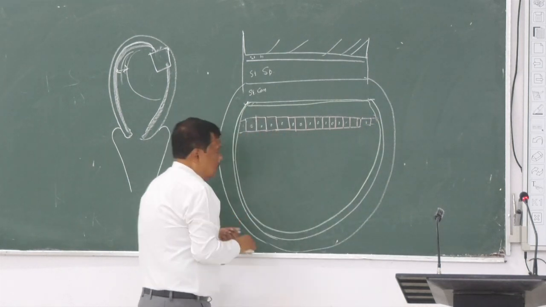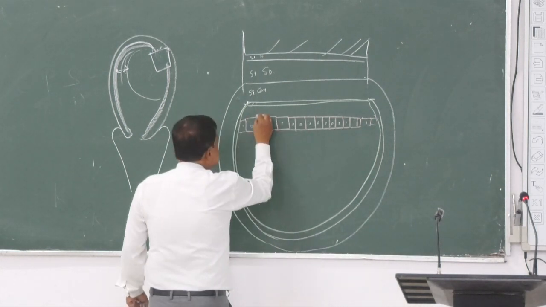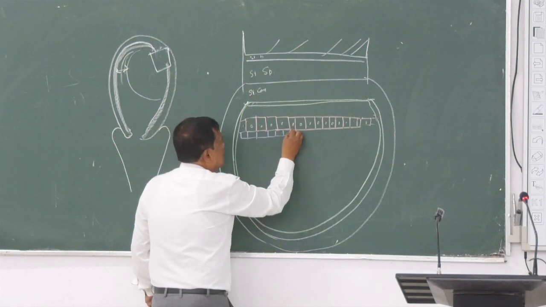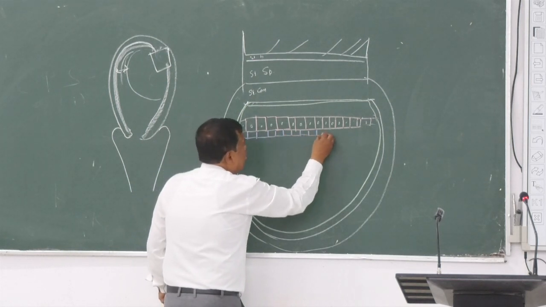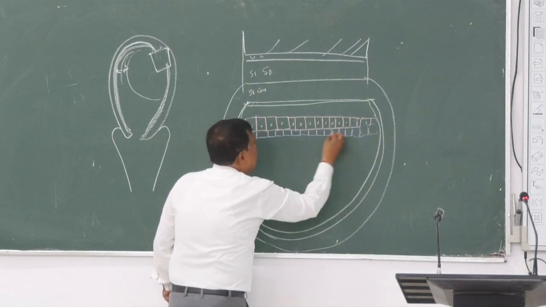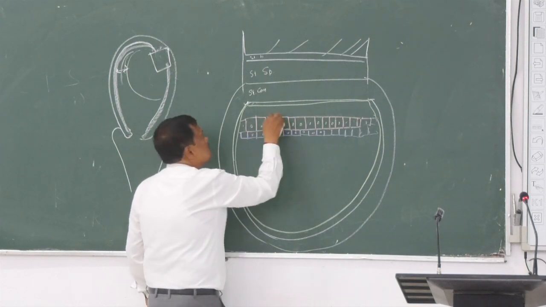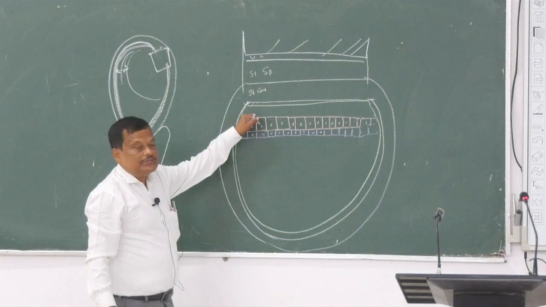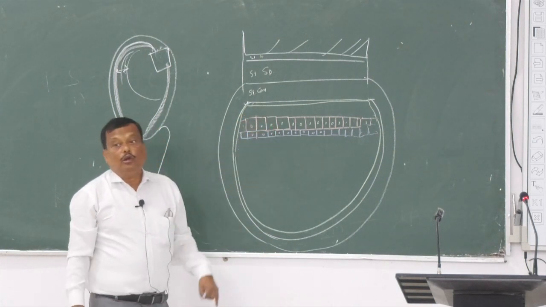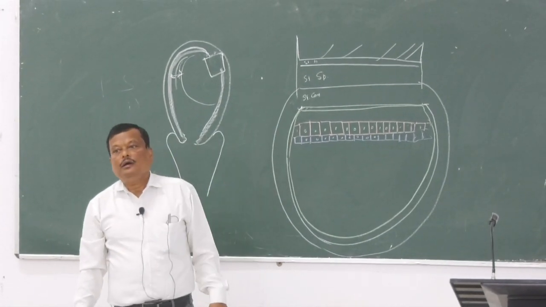And lower down, this is the cuboidal cell, small cuboidal cells. The inner cell mass is divided into columnar type cells called epiblast, and the lower cells, cuboidal, we call hypoblast.